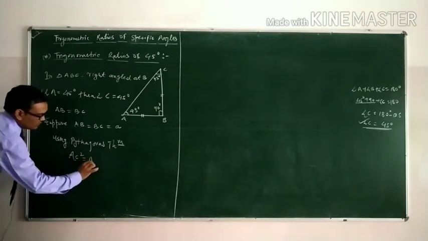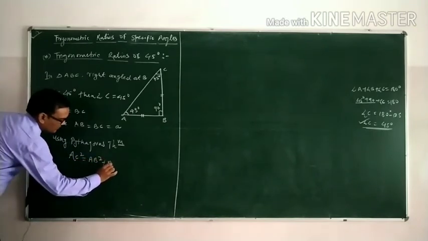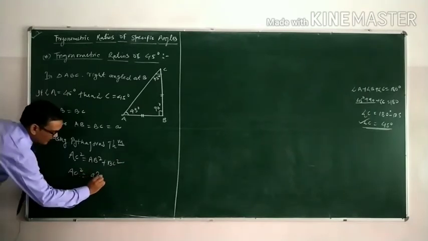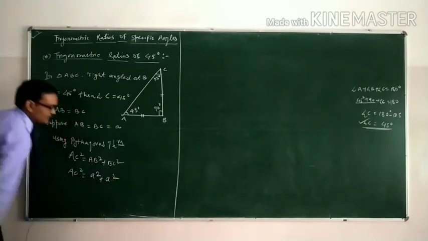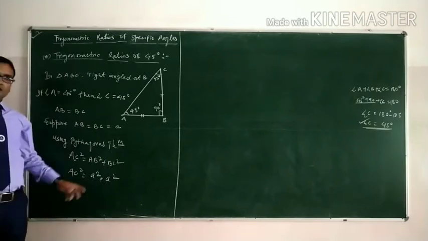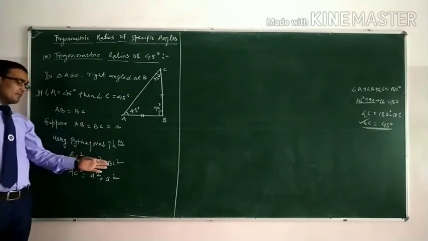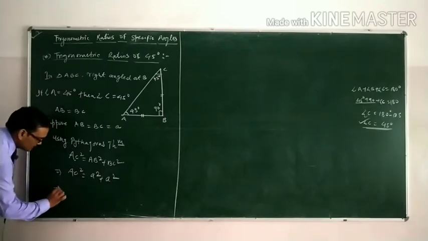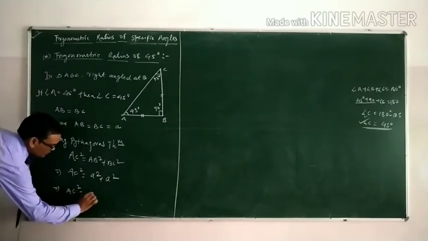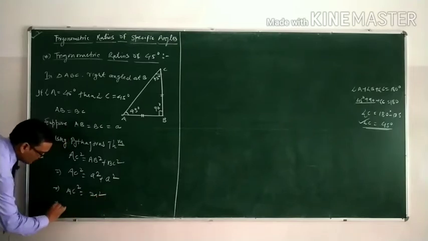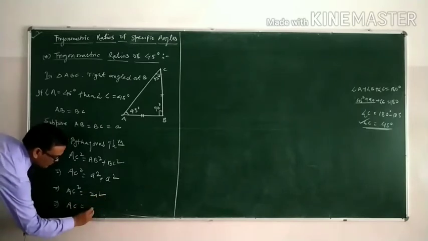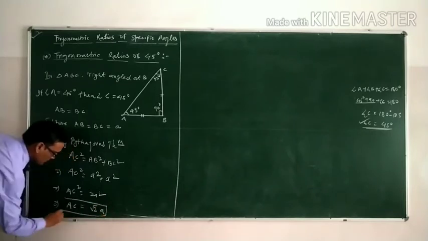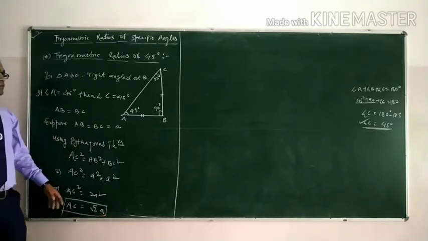AC square equal to AB square plus BC square. AC square equal to a square plus a square. Here the value of AB and BC are a. This implies that AC square equal to 2a square. This implies that AC equal to square root 2 a.